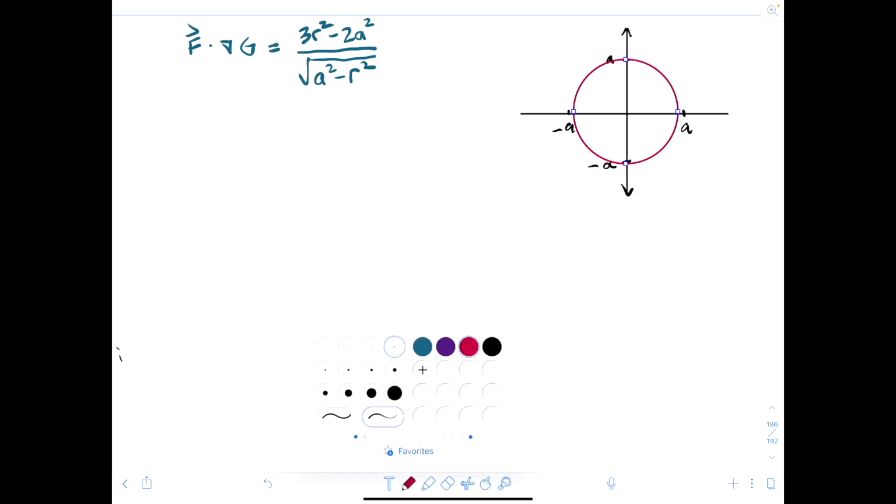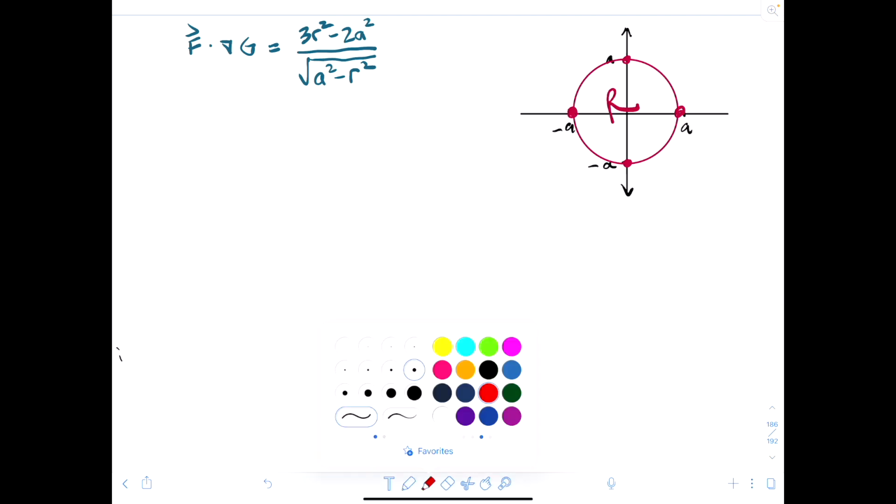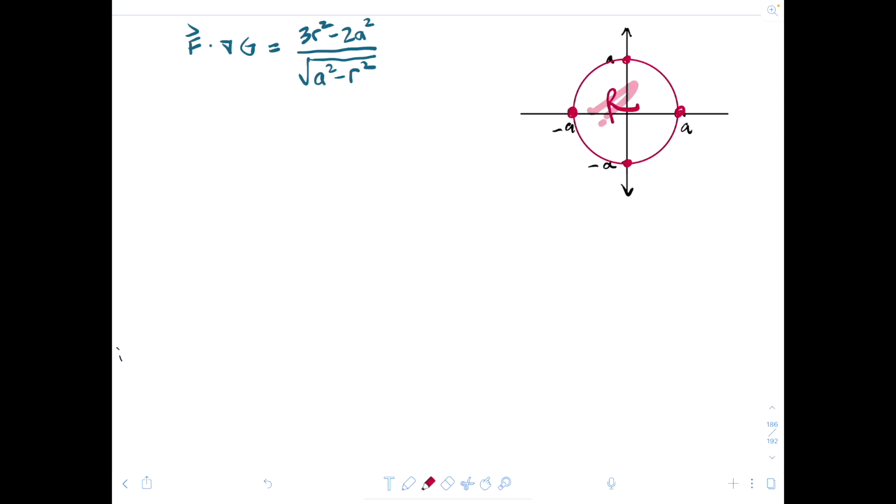I'll just make some big ordered pairs, all right? So those are where we'll meet. So basically this region R inside here, this is what we'll be using for our bounds when we turn this into polar coordinates.